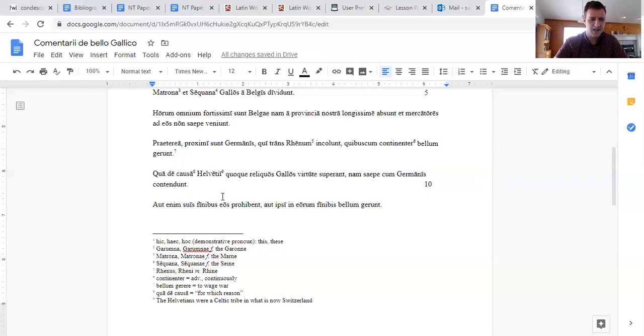And last line here, aut enim suis finibus eos prohibent, aut ipsi in eorum finibus bellum gerunt. So we've got aut, another thing we'll kind of clean up on Monday, but it'll usually be repeated like this, and it means either or. So either, indeed, now suis finibus, this is going to be something like their own borders, and it looks like it's dative or ablative plural.